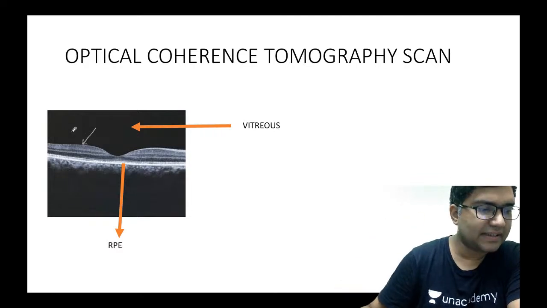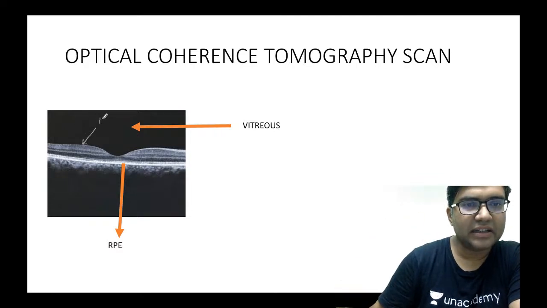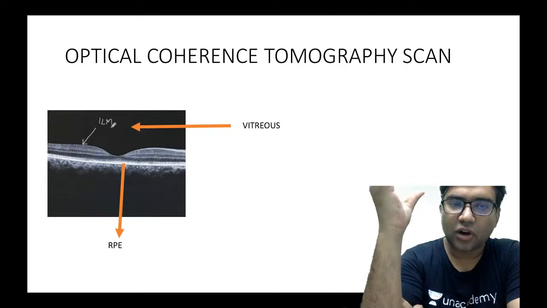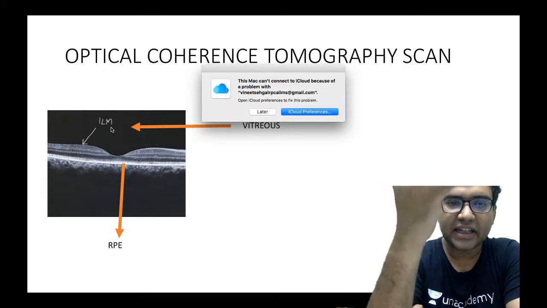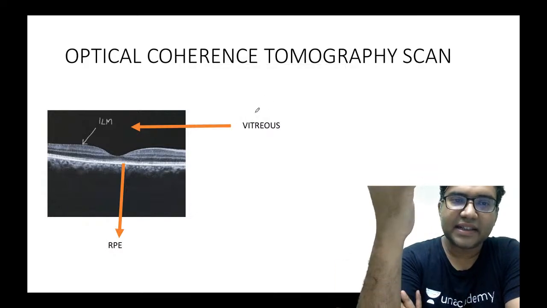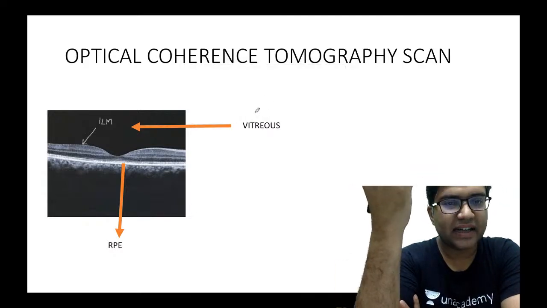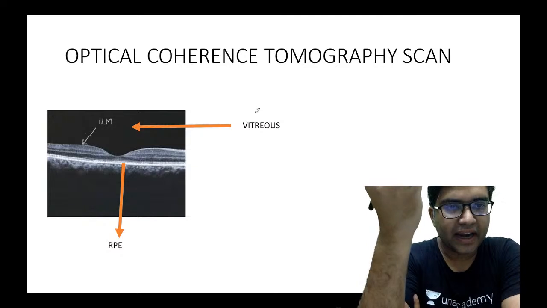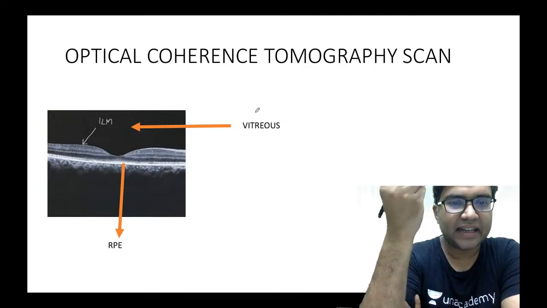So this layer is the internal limiting membrane. We have 10 layers of retina, out of which the layer that is in touch with the vitreous humor is the internal limiting membrane.